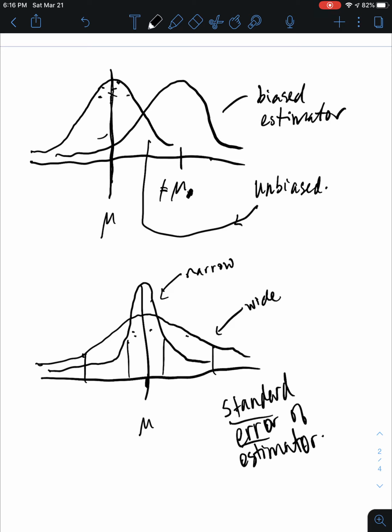So we introduce this new terminology, standard error. And so we want a small standard error. If we have an opportunity to design an experiment we want to design it so that the standard error is as small as possible. And we're going to get into that kind of question very soon.